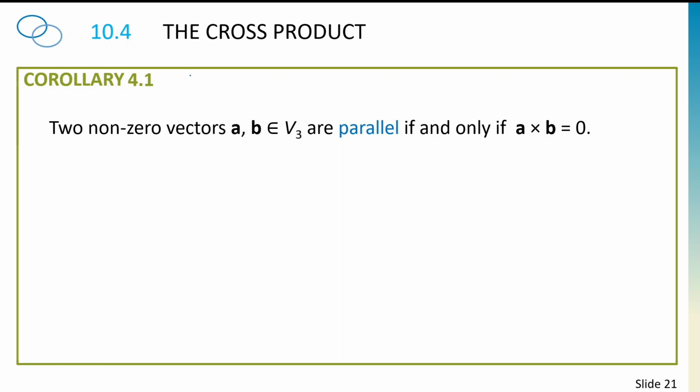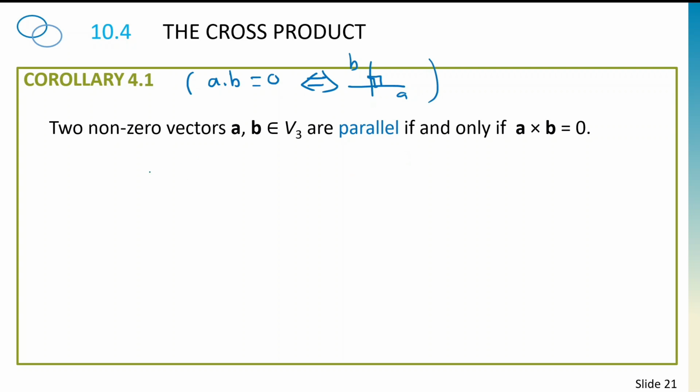Remember what we covered before, let me remind you. If the dot product equals 0, and we use the double-sided arrows, you know now it means if and only if, the dot product equals 0 means that the two vectors are perpendicular to each other. So let's say this is A, this is B. They are perpendicular to each other.